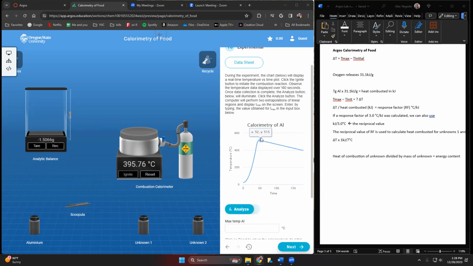But I'm trying to see the arc here because we're going to answer a question later on, where it says 515. This is on the y-axis, so 515 degrees. But you'll notice when we analyze it, because now see there it is, it's turned blue, we analyze it: 519.8. So we're going to input 519.8 degrees Celsius, which is just a bit higher than the 515 that we see here.